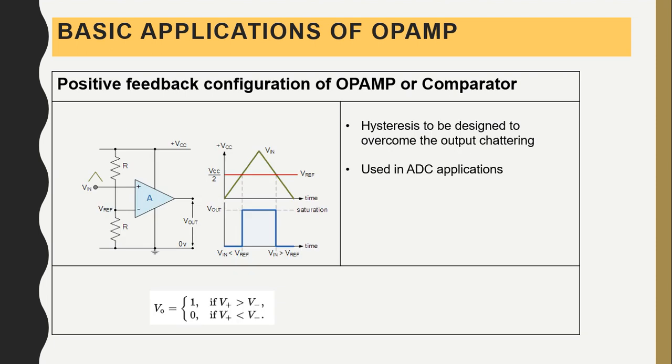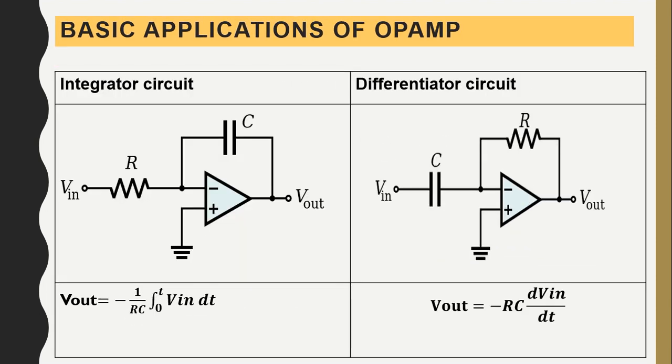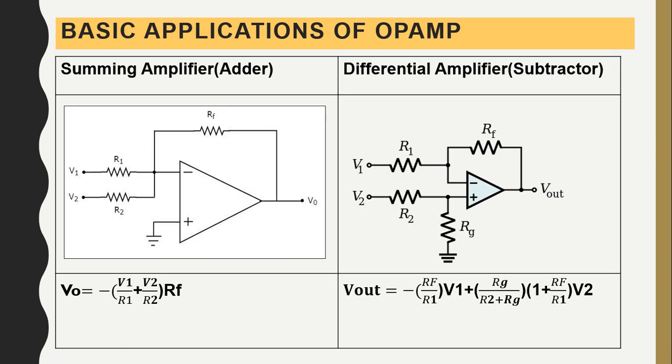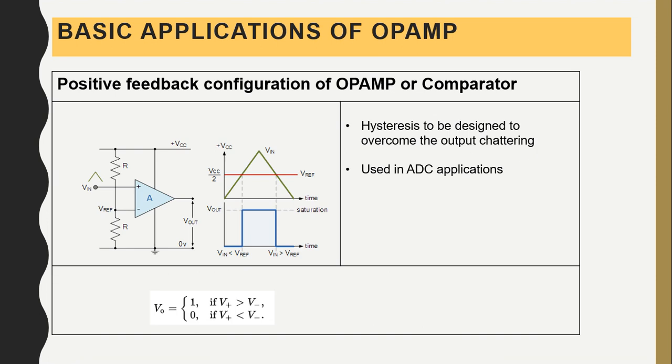Another example, positive feedback configuration of an op-amp, also called a comparator. In all the previous applications, if you notice, the feedback resistor or feedback component is connected to the inverting terminal. But in this case, the feedback resistor will be connecting to the positive or non-inverting terminal. This is how the circuit looks.